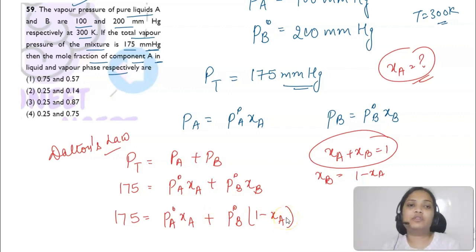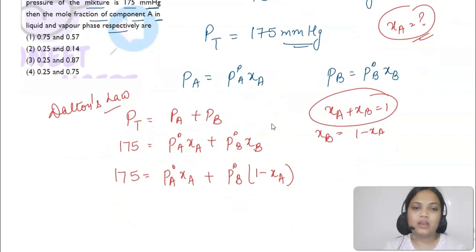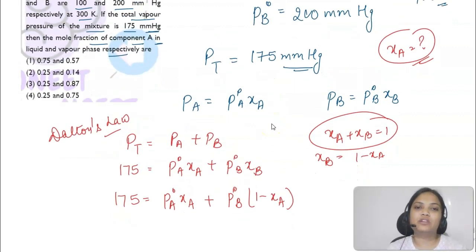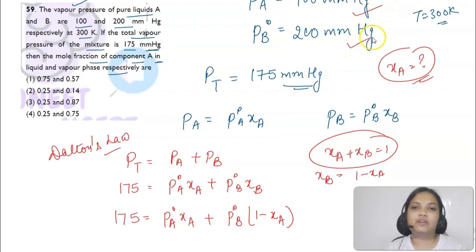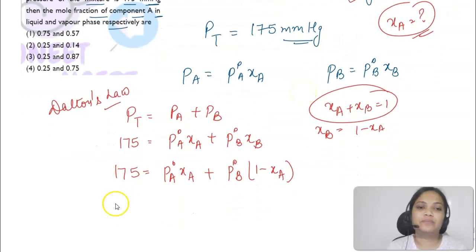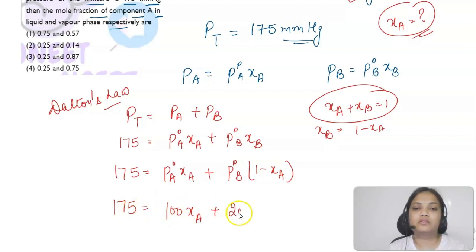Now the whole equation is in XA and we can find the value of XA. So let's put the values of P naught A and P naught B, which are 100 and 200. So 175 equals 100 into XA plus 200 into 1 minus XA.